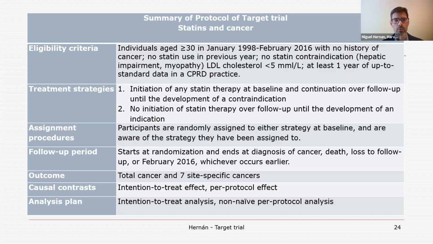These are people with no history of cancer, with no contraindications to statins, etc. They would be assigned to either initiation of statin therapy or no initiation of statin therapy, and then followed until a diagnosis of cancer, death, or the end of follow-up. And we will look at both total cancer and site-specific cancers.